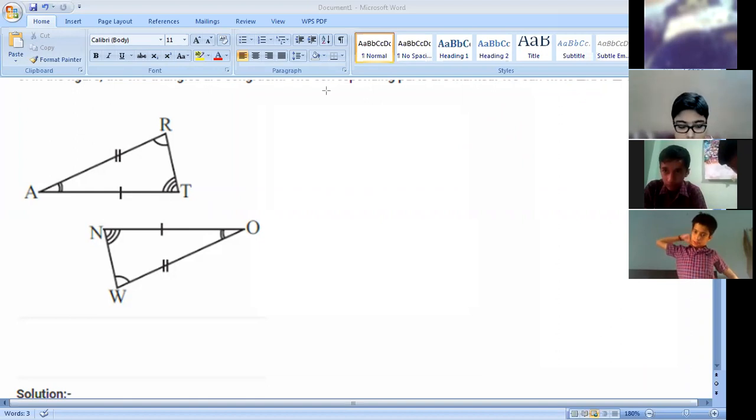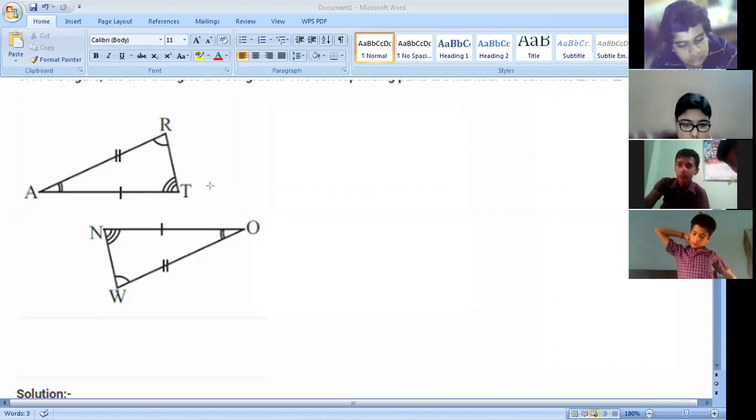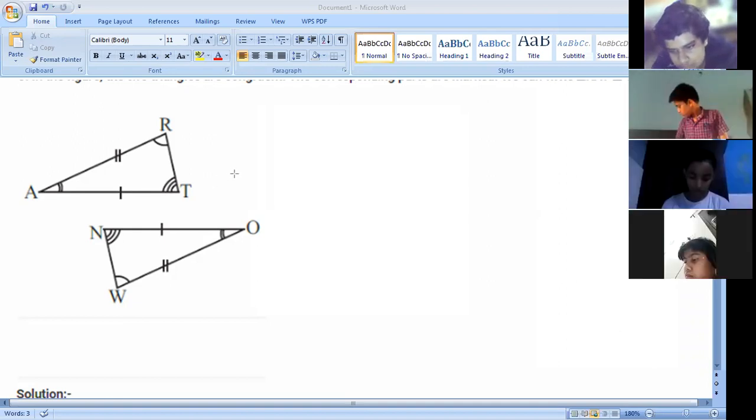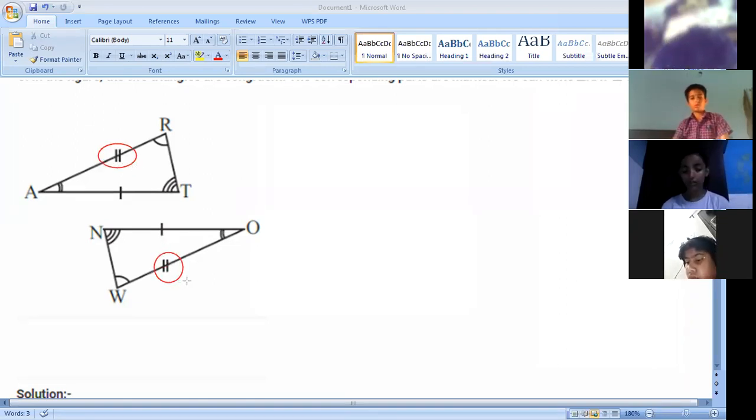Okay. So in this, you can see that this symbol is given here and this symbol is given here, so both are same.